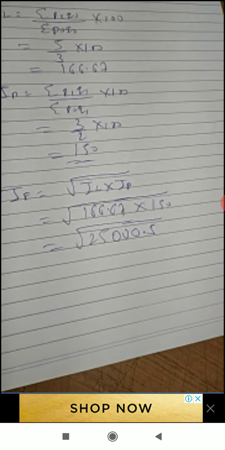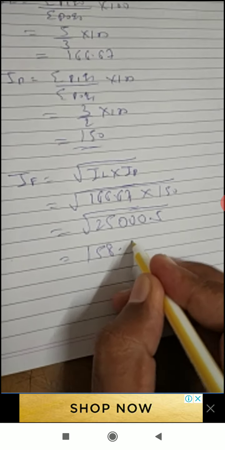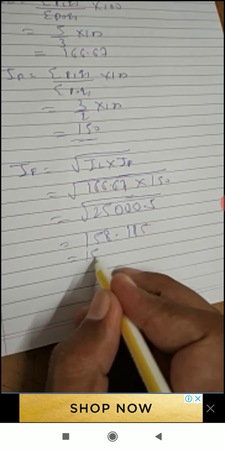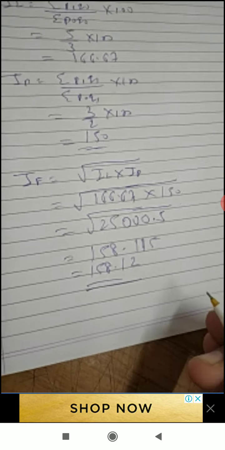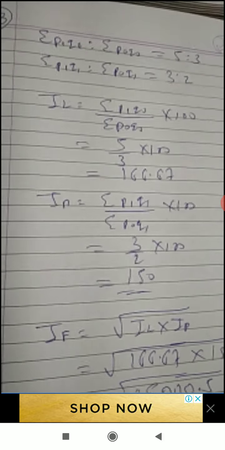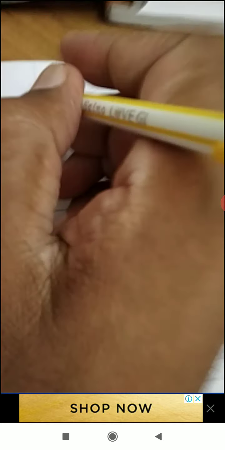Now find the root of this, and that is 158.115. So the value is 158.12. Like this we have to find Fisher's index number. So question number 13 is finished. We go for the next sum, question number 14.